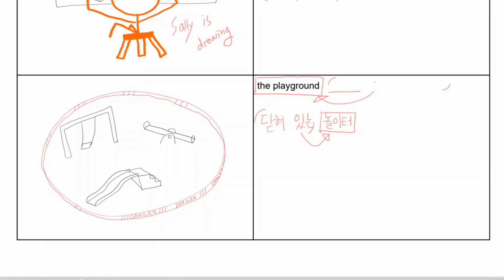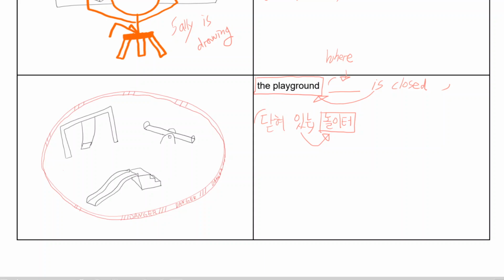닫혀 있다 is closed, right? So we need something here. What do you think should fall into this slot? What do you think? So the first thing that comes to your mind might be where again.